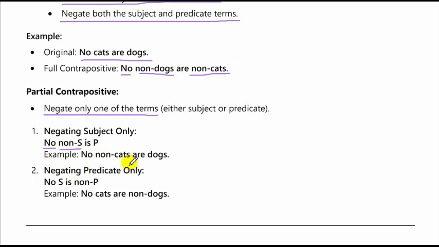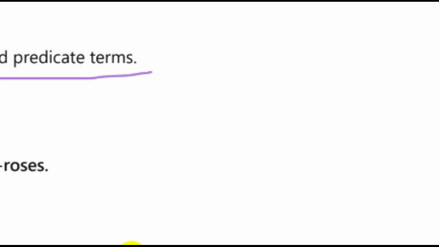Example, no non-cats are dogs. Negating the predicate only: no S is non-P. This is very apparent, so I don't need to explain this further. Example, no cats are non-dogs.